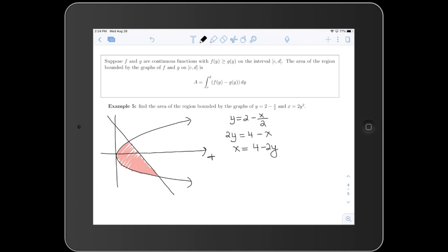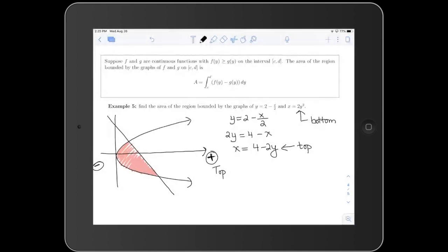This is your positive direction. This is your top. You can think about it as top. This is the negative direction, negative over here. That's the bottom. So your top function will be the linear function, and this one is the bottom function.